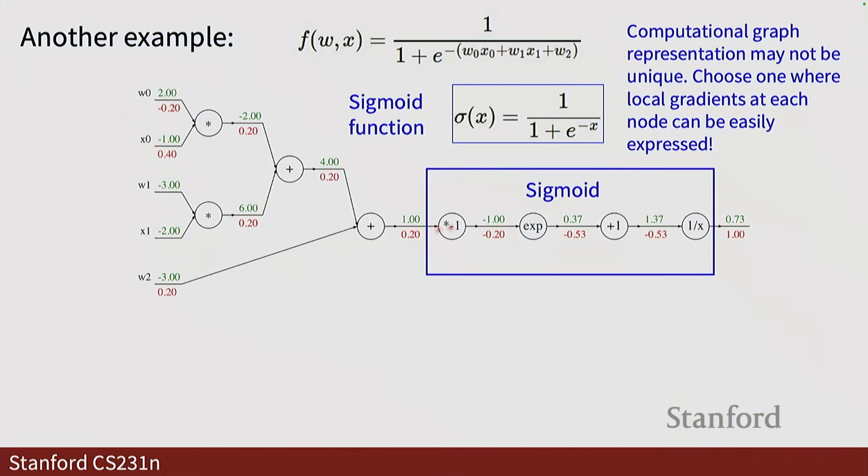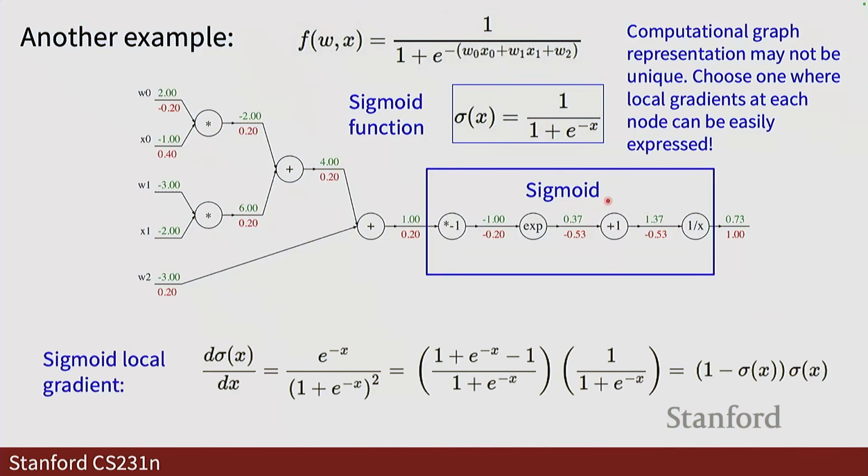So we can actually lump all of the functions together and define a sigmoid. Sigmoid, because this is basically sigmoid of a linear function, right? So the linear function could be here, and then all of these operations could be defined as sigmoid. And actually sigmoid is interesting and very useful to use, because the local gradient of sigmoid is dependent on sigmoid itself.